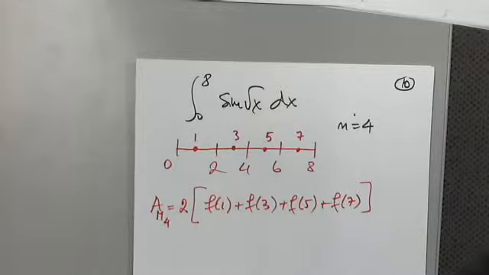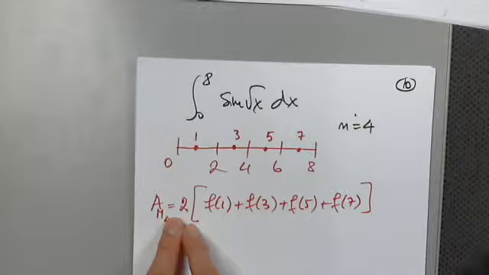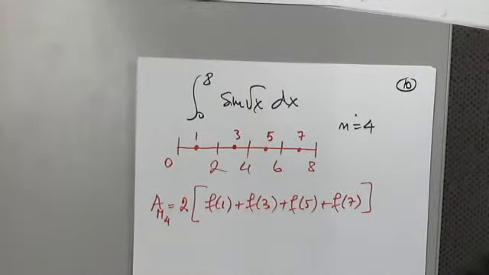That's all I have to write and just calculate. Is this okay? So in the calculator, I will put in list L1, 1, 3, 5, 7. But in list L2, I will write 2 times sine square root of list L1. Because that's what we want to calculate.